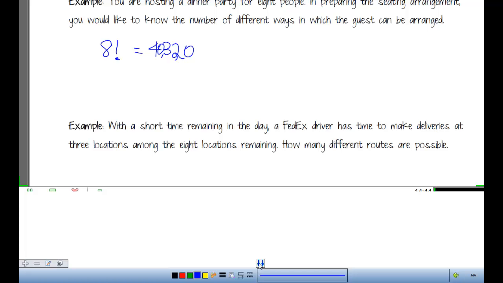So the order, that's what he's interested in. The route would consider the order in which you're going. What's key about the factorial rule? Of the n objects, how many of them do we want to arrange? All of them. In this problem, we've got 8 objects, and he's only arranging how many? 3. So this doesn't meet the criteria of the factorial rule.